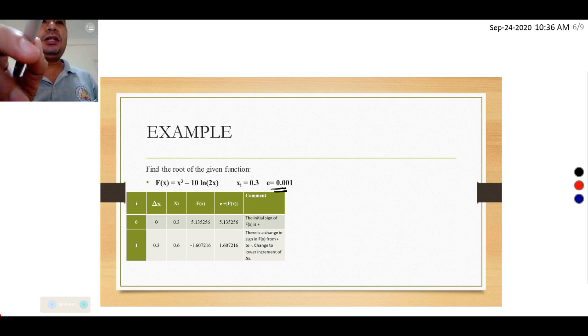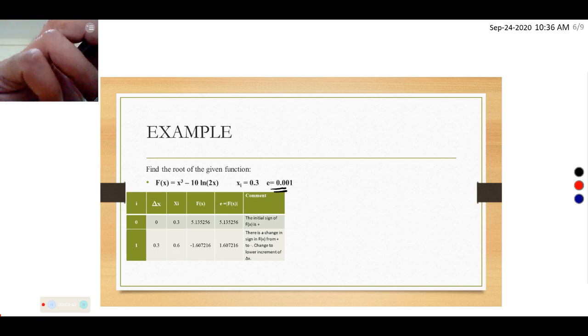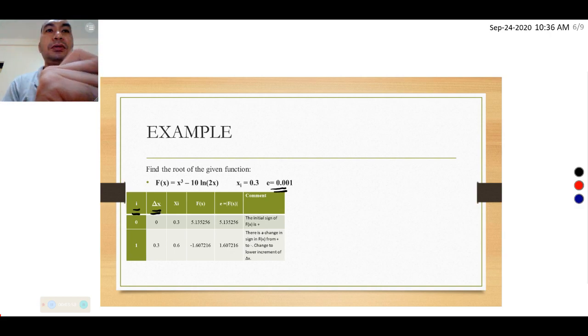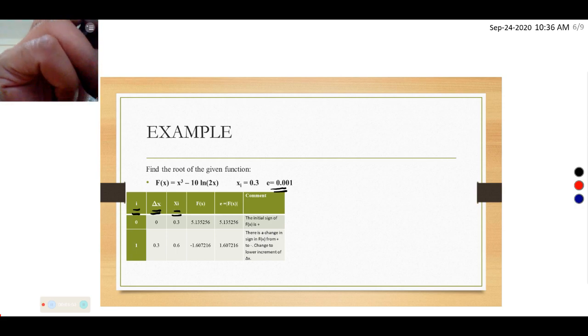So if you have noticed here, we have our table. This is the table used in ISM. The first column indicates the iteration number. The second column indicates the change in x, or the delta x. The third column is for xi.